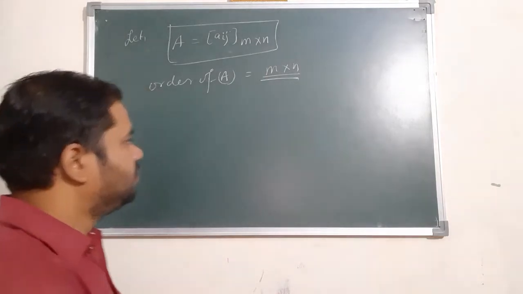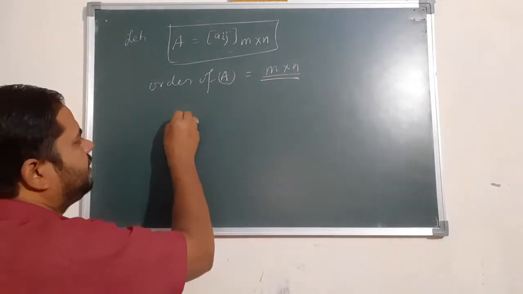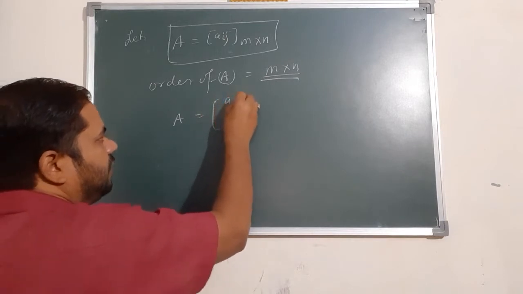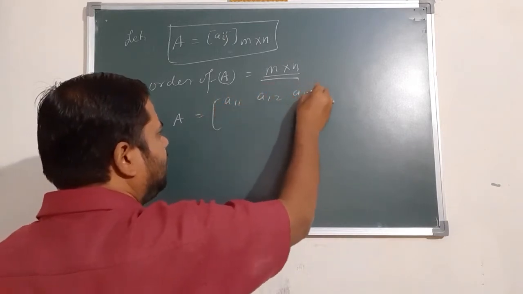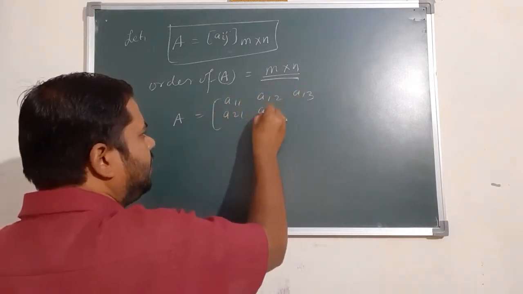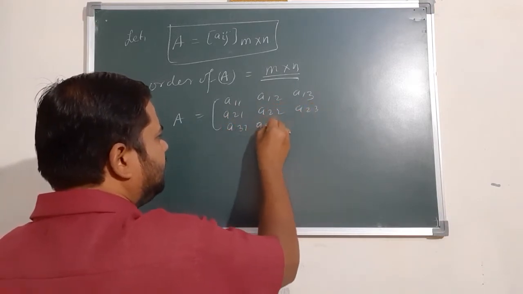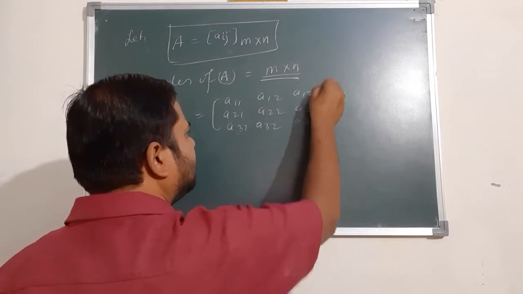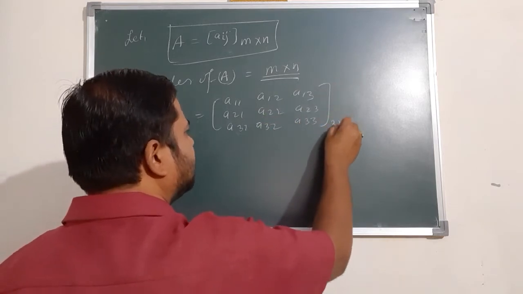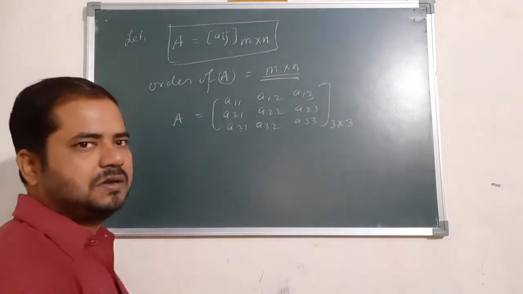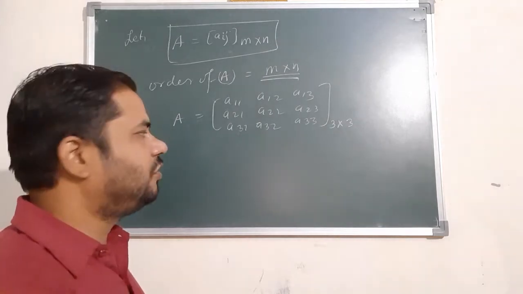Suppose we have a matrix A11, A12, A13, A21, A22, A23, A31, A32, A33. What is the order of this matrix? 3 cross 3.